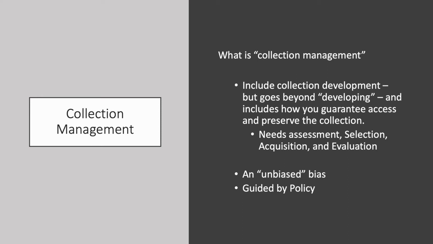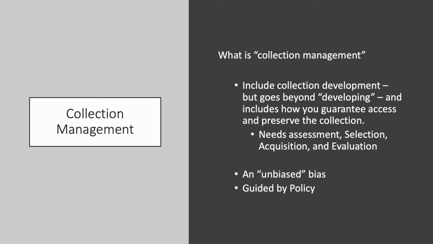Within collection management, other functions to be aware of are needs assessments, or determining what the community needs from the library, selection, which is aligned to collection development and how we pick what resources we need, and acquisitions, which is securing those selections, and evaluation, which is about how we determine if we are meeting the needs of our community.